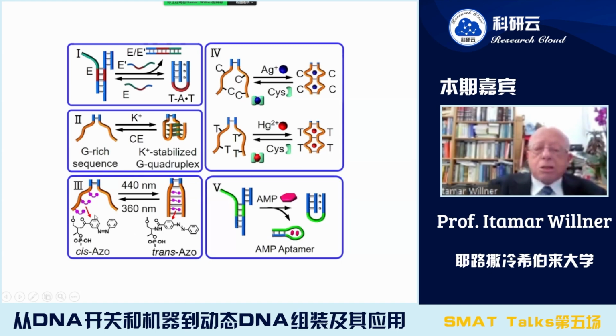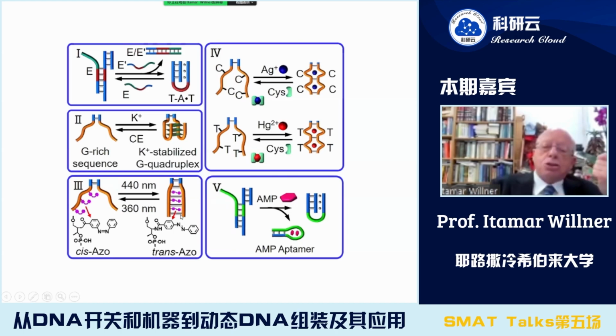We can take, for example, strands that are functionalized with photoisomerizable azobenzene, while cis azobenzene does not interact with the DNA. Photoisomerization to the trans will intercalate the trans isomer and stabilize duplexes.